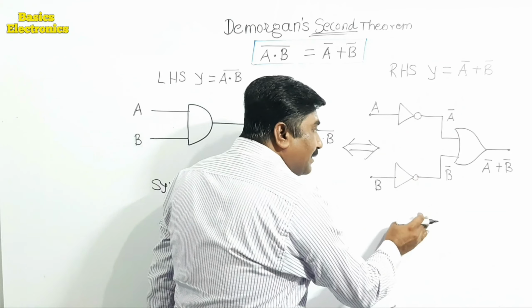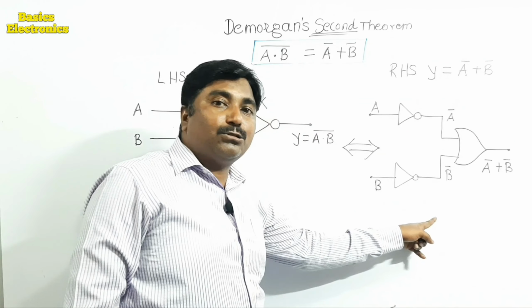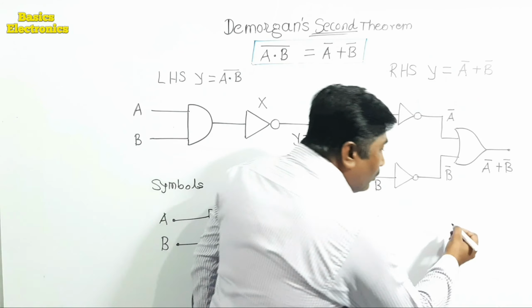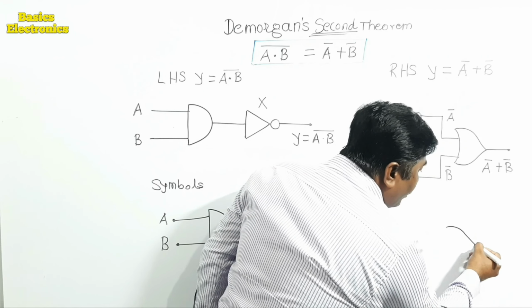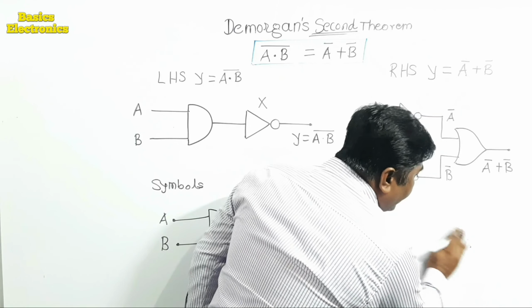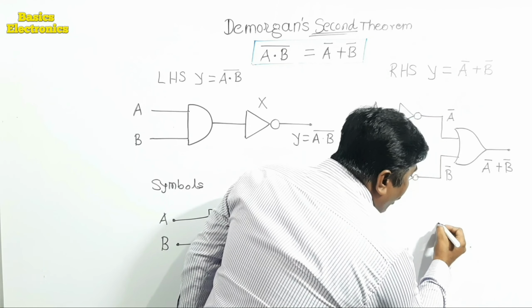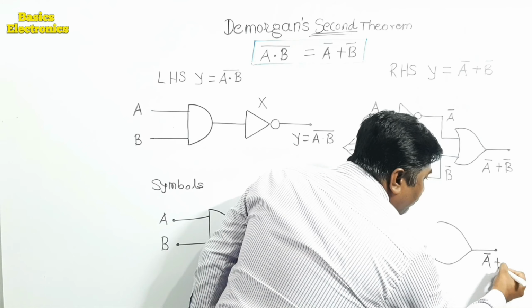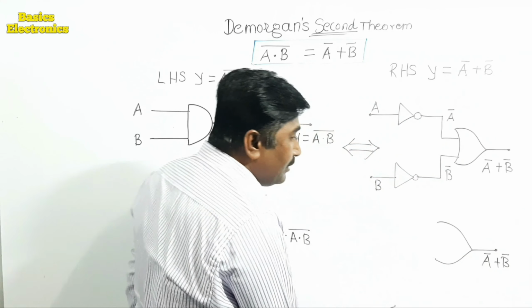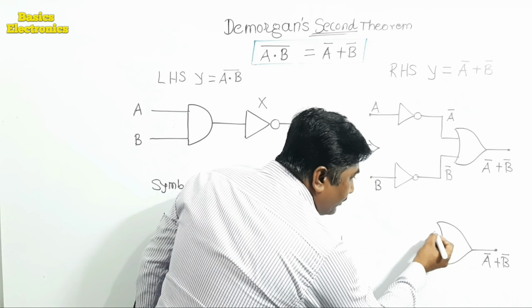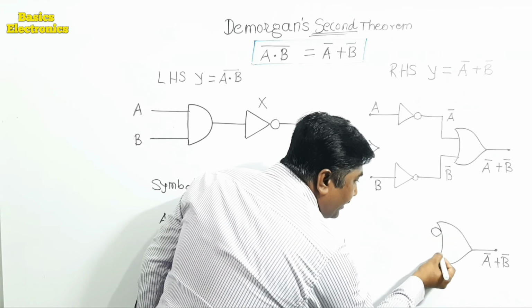Likewise, on the right hand side we do the same. We draw here the OR gate, and the output of the OR gate is A complement plus B complement. The inputs are inverted inputs.